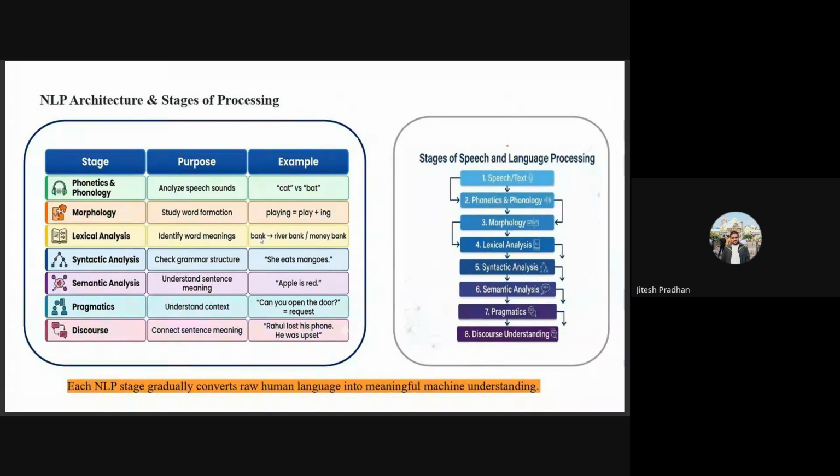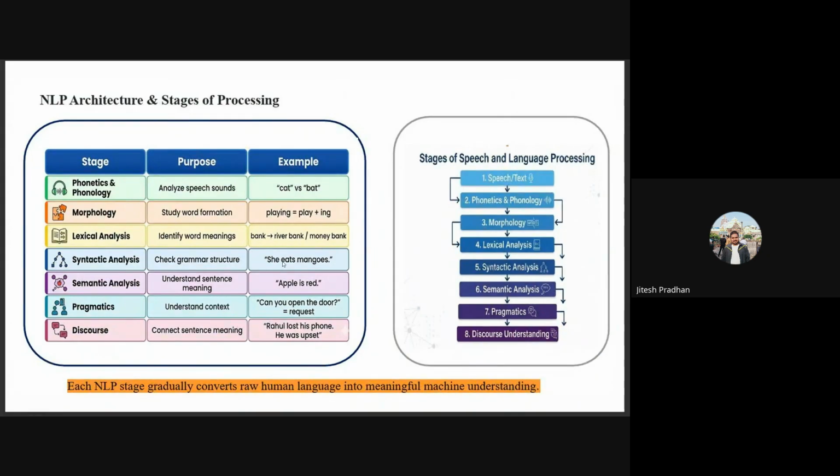Okay, in lexical analysis, we will identify the word meaning. The bank, is it a river bank or money bank? In syntactic analysis, we will check the grammar structure, whether the sentence that we are dealing with is grammatically correct or not. "She eats mangoes." Now this is not grammatically correct.